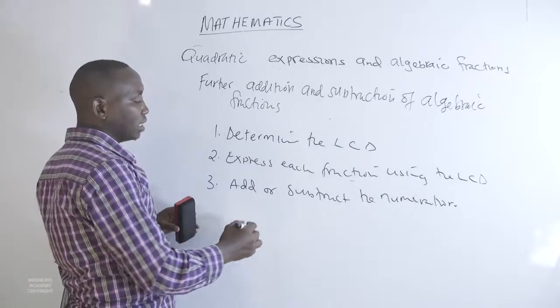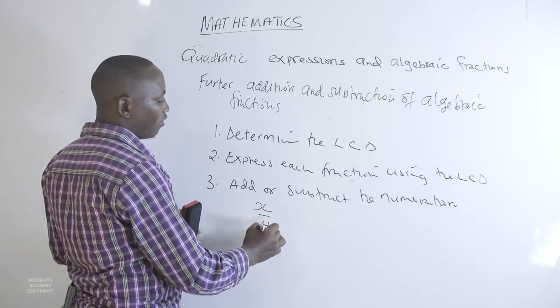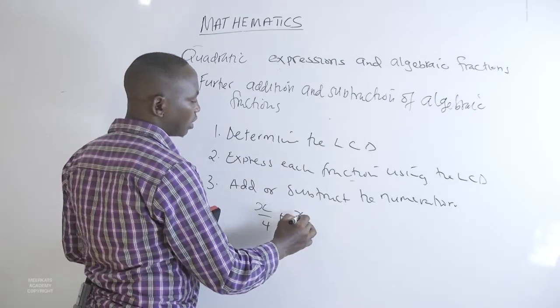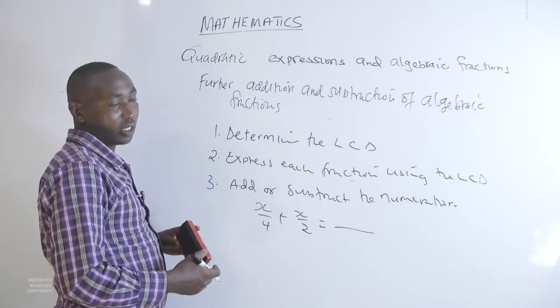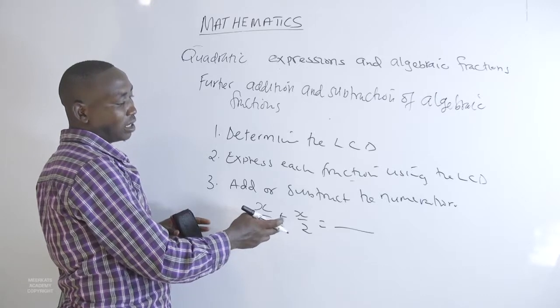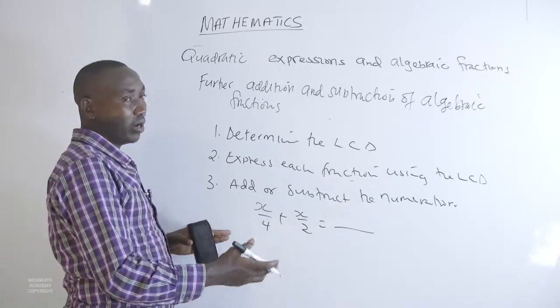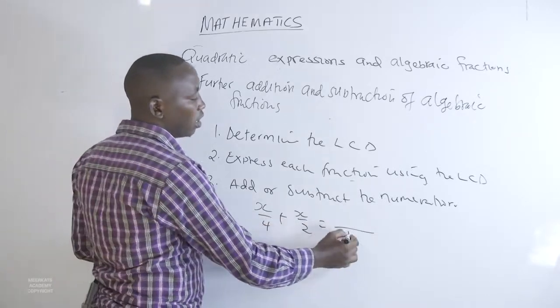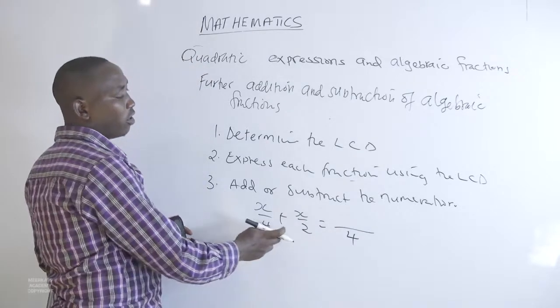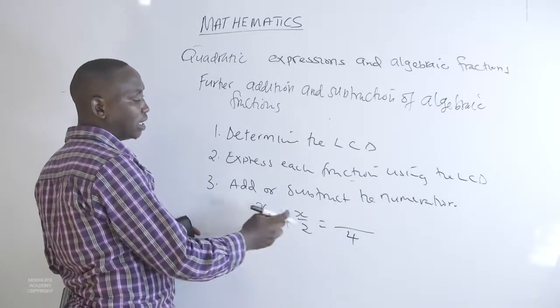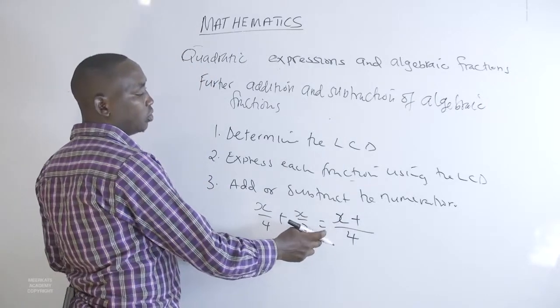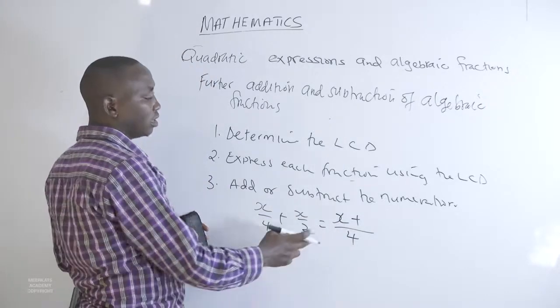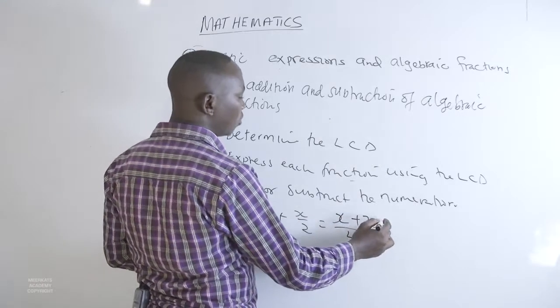Given a good example of x all over 4 plus x over 2, these are algebraic fractions. You first look for the LCD, the least common denominator of 4 and 2, that will be 4. 4 goes into 4 once, 1 times x gives us x, plus 2 goes into 4 twice, 2 times x gives us 2x.